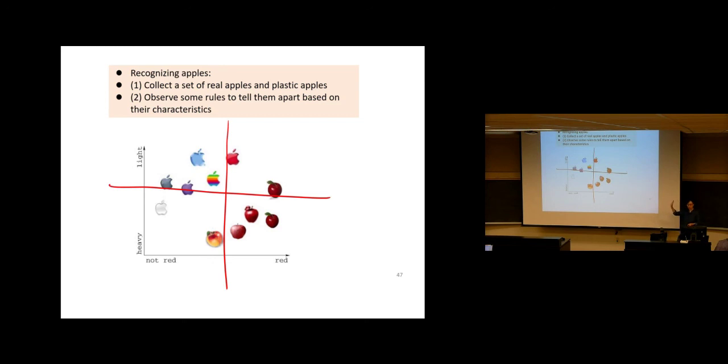There are only two kinds of rules: either thresholding the color x1, or thresholding the weight x2. This is the only two types of rules I'm allowing, which is super high bias, right? How can I figure out the best decision tree or decision function using only these two kinds, either thresholding on x1 or thresholding on x2?